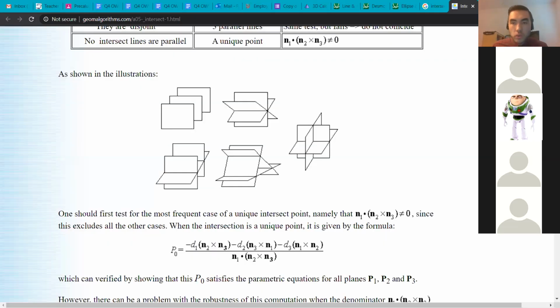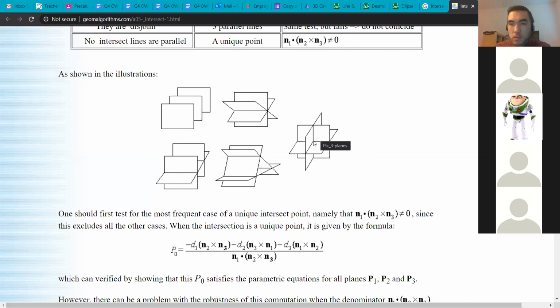Okay, so do you see the screen I'm sharing with you? Yeah. Okay, so this one right here in the bottom left is kind of the problem we just dealt with for the warm-up. I have 2 parallel planes, and then my other plane cuts right through them. When it comes to solving a problem that has a unique solution, we're usually looking at something like this one here on the far right, where all 3 of the planes intersect at a discrete point that we can solve for.